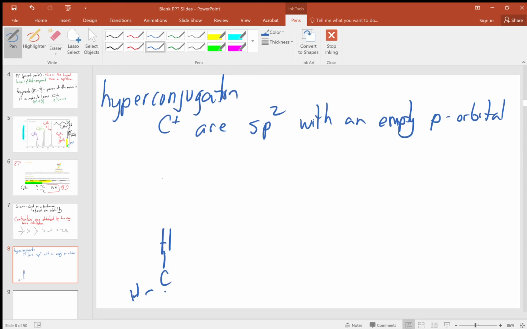And so if we have a CH bond that's adjacent to our carbocation, such as we have here, here's our empty p orbital, a CH bond on a neighboring carbon, such as this one, is able to align with the empty p orbital. And as a result, it donates electron density into that empty p orbital.